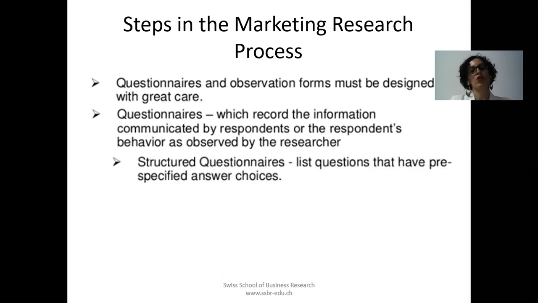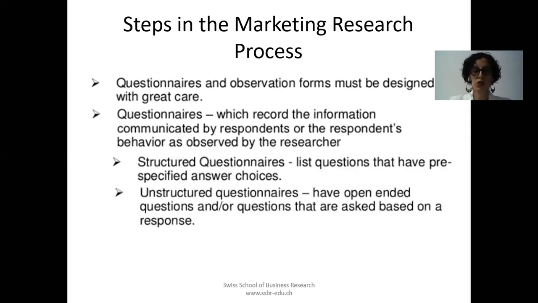For example, there are structured questionnaires, which are predetermined. You have A, B, C. That's it. There's no other option, no other choice for you to make or to list. But then there are unstructured questionnaires, where you have open-ended questions, and these are usually used for qualitative research. Remember, qualitative, quantitative.